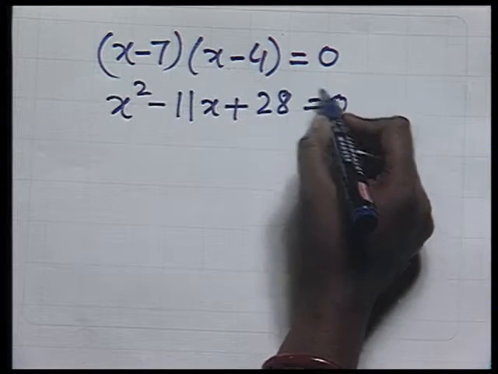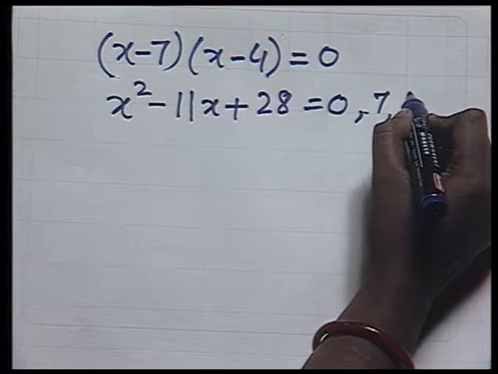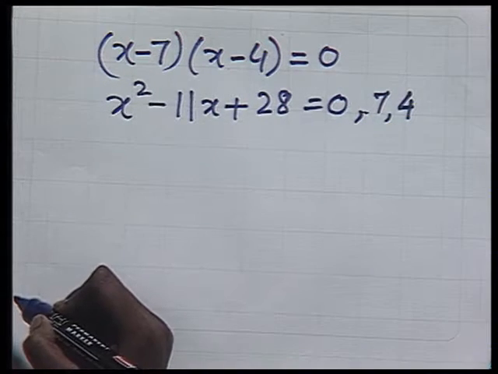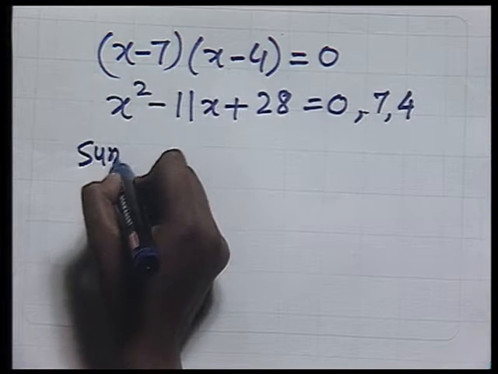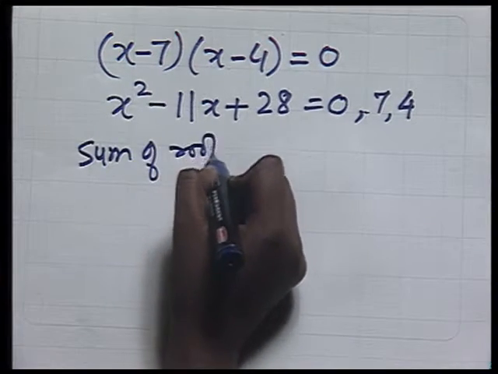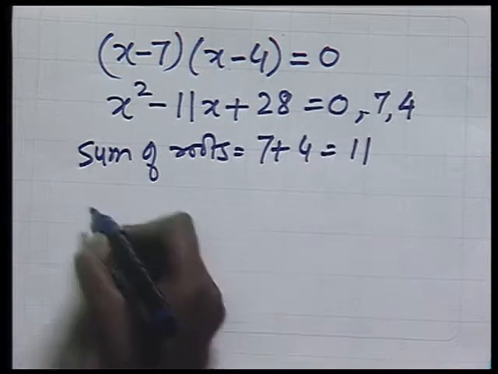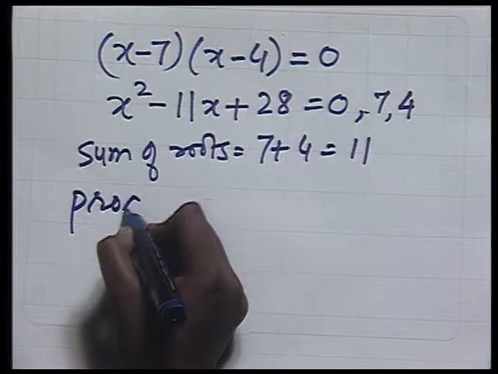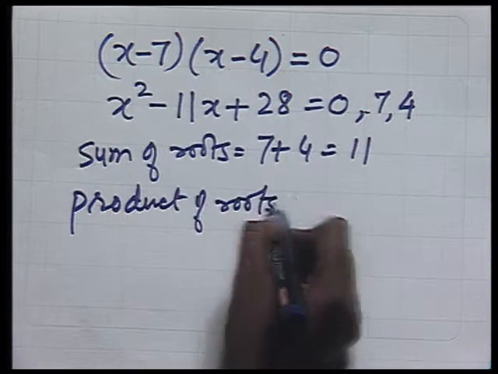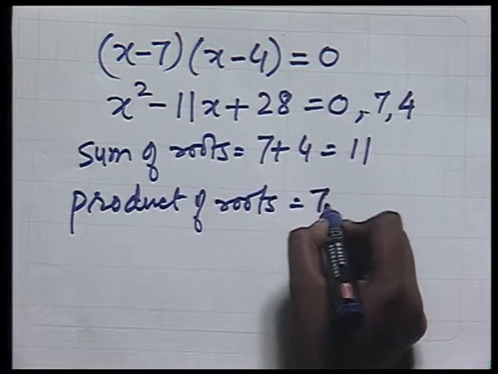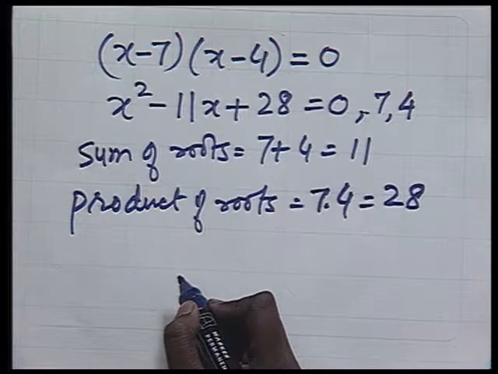Again, observe that the roots of this equation were given as 7 and 4. So, sum of the roots of this equation will be 7 plus 4 equal to 11, and the product of the roots of this equation will be 7 into 4, that is equal to 28.